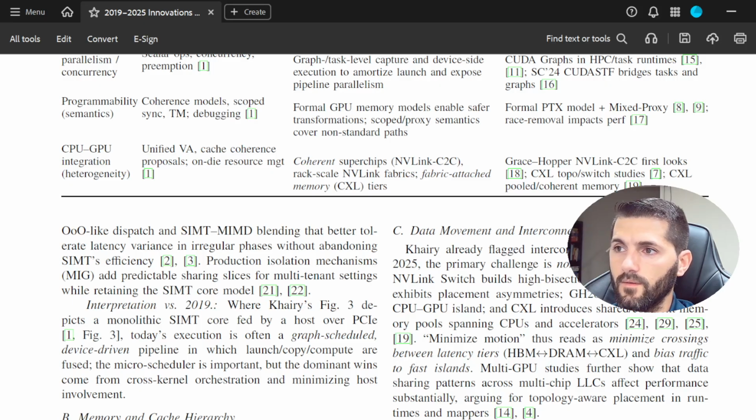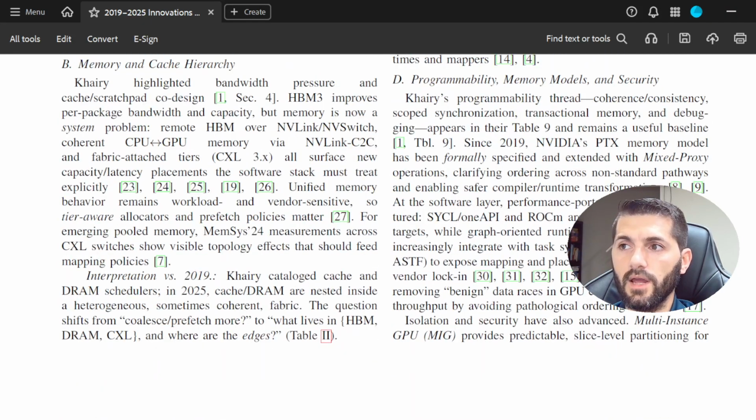And programming, memory, security. There's a number of things: the PTX memory model has been formally specified, as I'd already mentioned, and there's a lot more CUDA graphs and things like that that are improving programming. And then more recently, there's isolation and security systems which have advanced, where there's Multi-Instance GPU, or MIG, right?